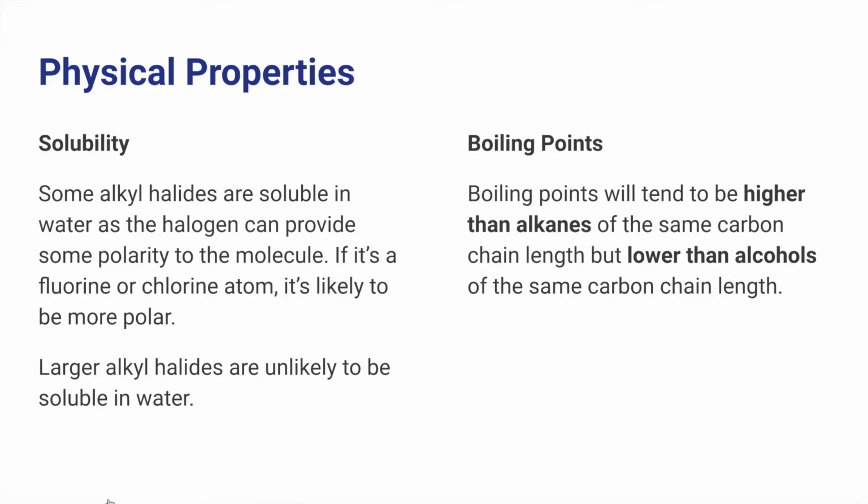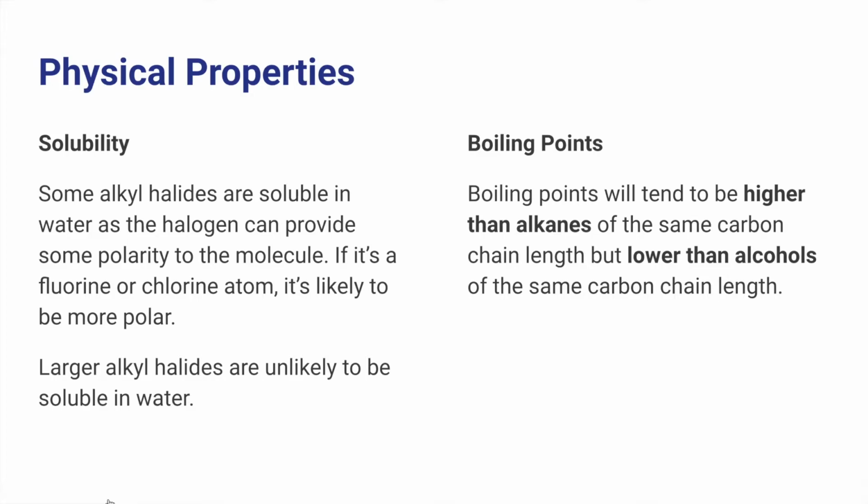If it's chlorine, it would at least have some dipole-dipole interactions because fluorine and chlorine are some of the more electronegative atoms. With size, though, increasing size is going to make them less soluble in water. And that's generally a trend. The bigger the molecule is, the less soluble it's going to be in water, unless it has lots and lots of polar components to it.